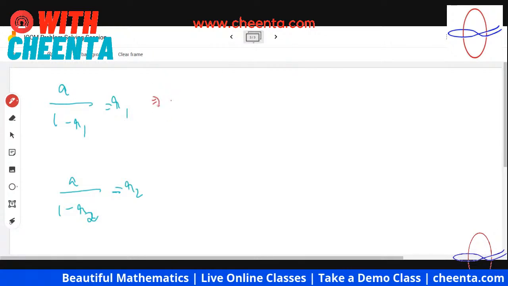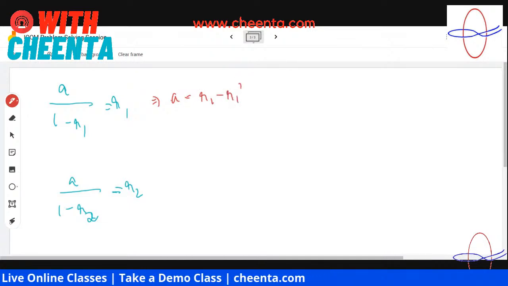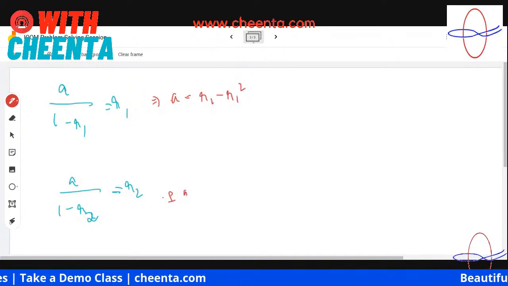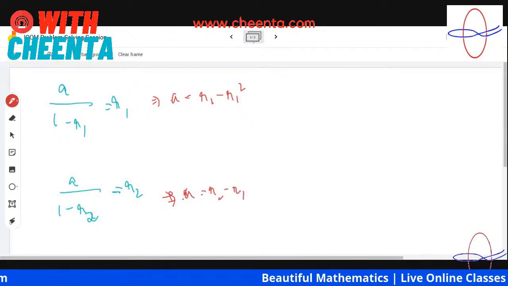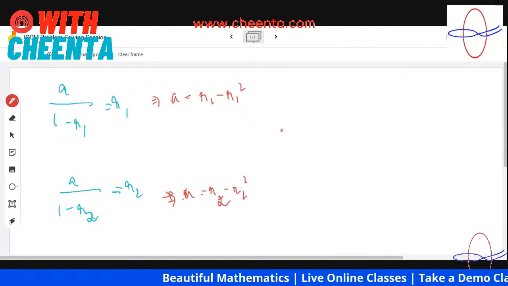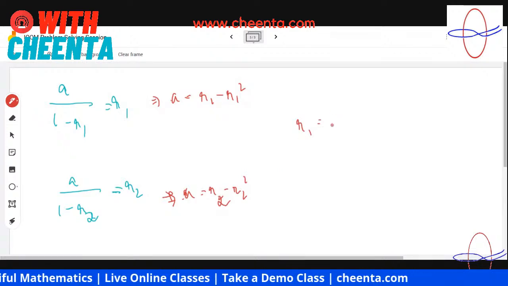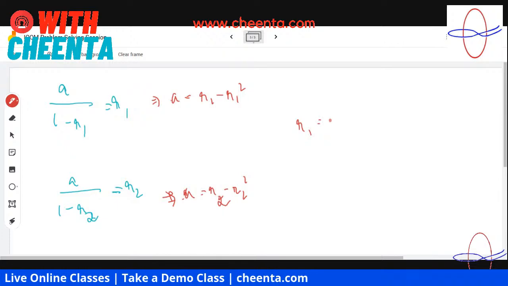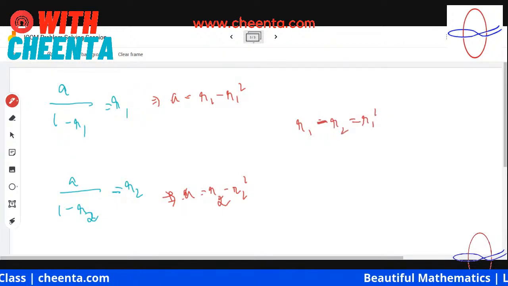So A is equal to R1 minus R1 square, and here A is equal to R2 minus R2 square. If you equate that, you get R1 minus R2 is equal to R1 square minus R2 square.